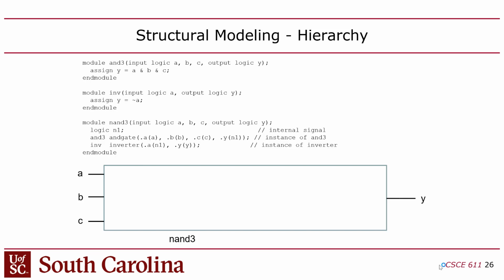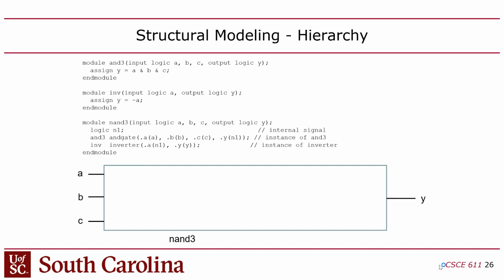And then I'm going to connect the top-level A, B, and C inputs on the NAND gate to the A, B, and C inputs on the internal AND gate, and I'm going to connect the top-level Y output to the Y output from the inverter. Does that make sense? So this is my NAND 3.